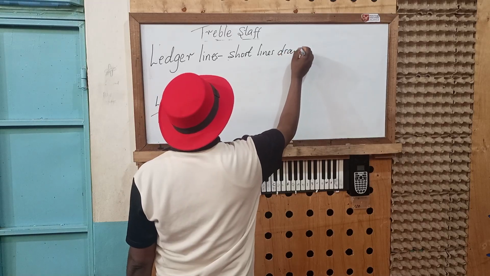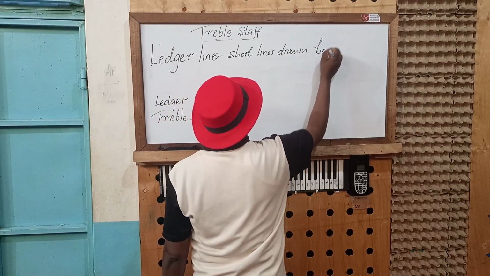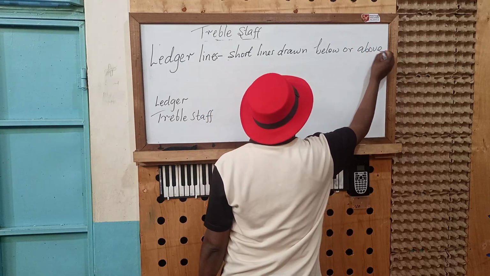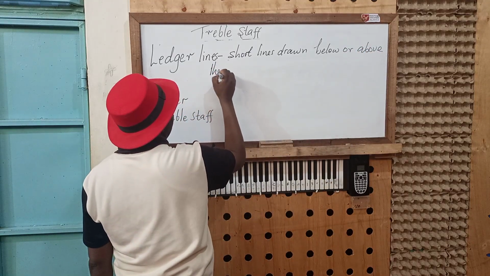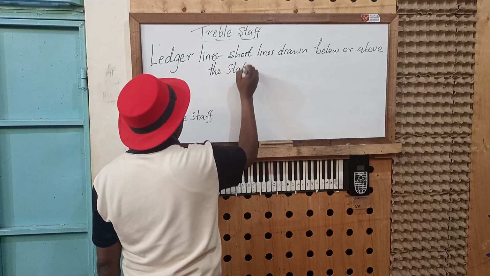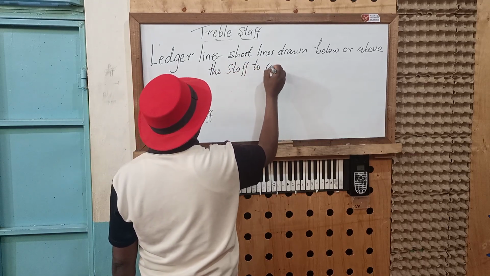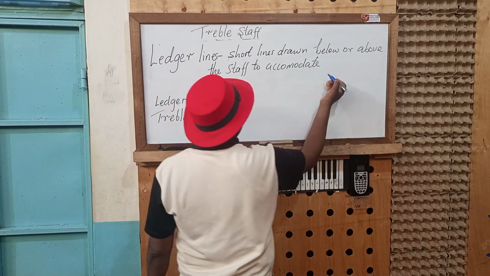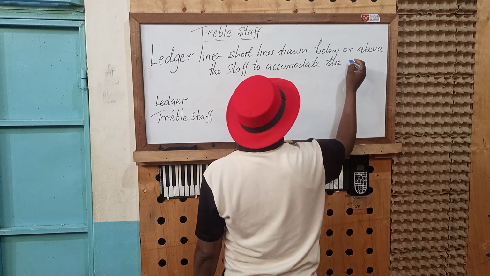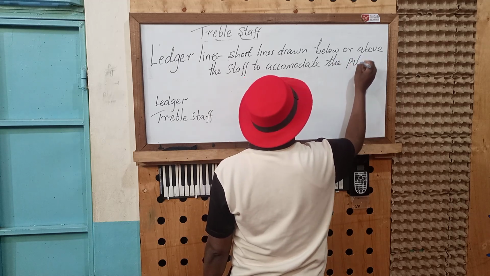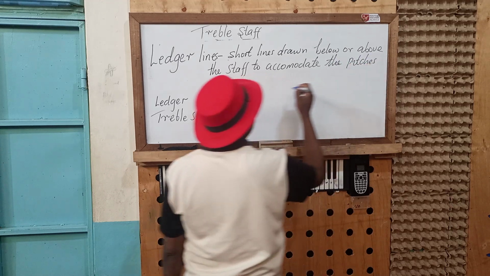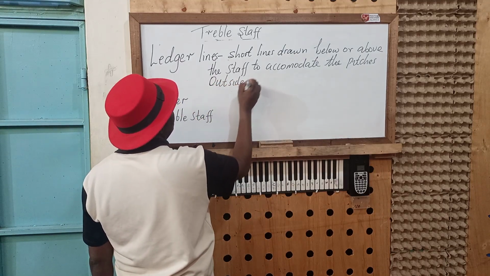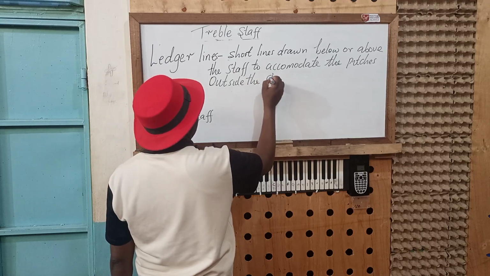They are short lines drawn below or above the staff to accommodate the pitches outside the staff.